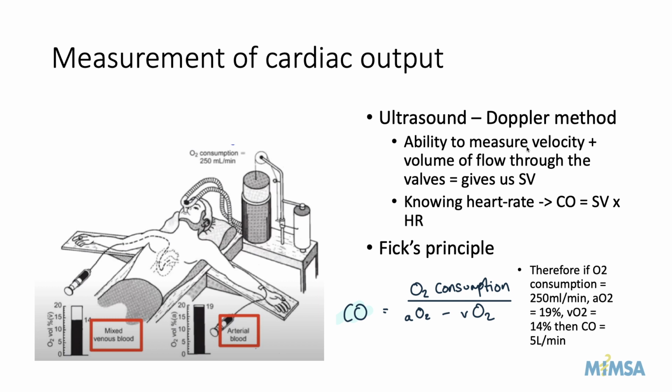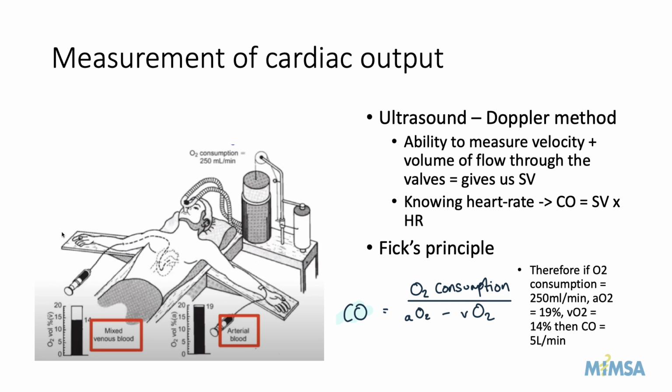And this basically gives us the stroke volume, because if we're able to measure how much blood is flowing through a certain part of the heart at a given time, then we know what the stroke volume is after every beat. And if we know the stroke volume, then we can easily work out the cardiac output, because if we hook up the ECG, then we know the heart rate. So it's very easy to work out the cardiac output, because you just do stroke volume times the heart rate. So that's one way of measuring cardiac output.